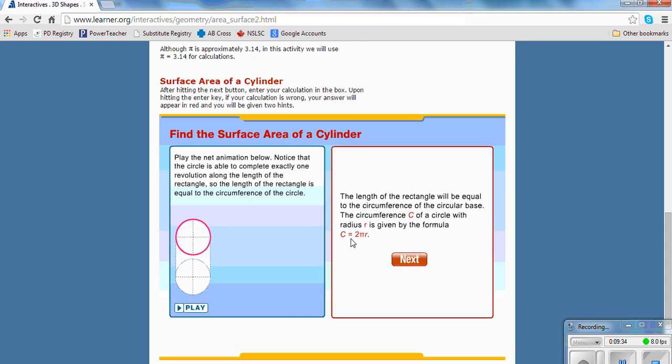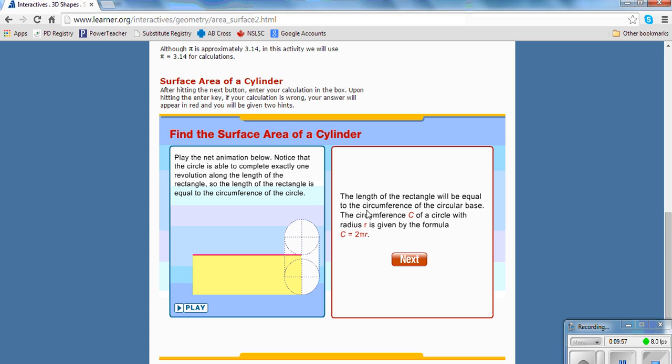Now, something kind of cool, and if you watch this, you'll see. Okay, and so what we've done is we've unrolled that rectangle, and I hope you noticed that the length of that rectangle, that pink line, is the same as the length around the outside of a circle, or the circumference of a circle.